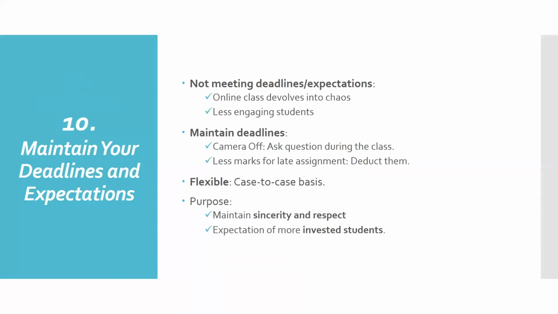Another example here, if your instruction says that you will deduct 5 points if an assignment or a discussion post is late, then actually deduct those points. This does not mean that you cannot be flexible on a case-to-case basis. However, it does mean that you take yourself and the class seriously and that you expect your students to invest in class.